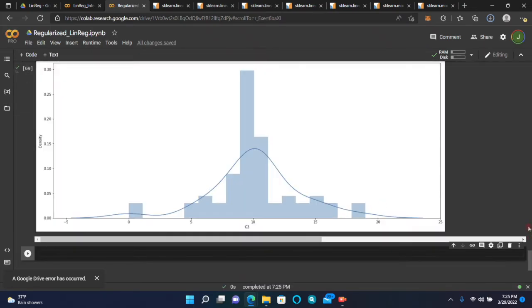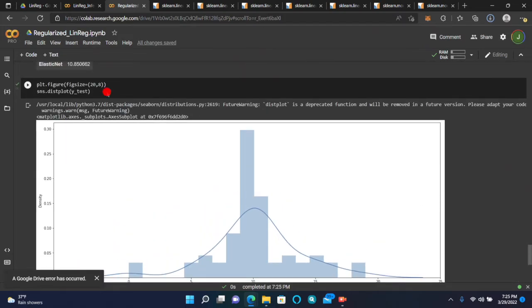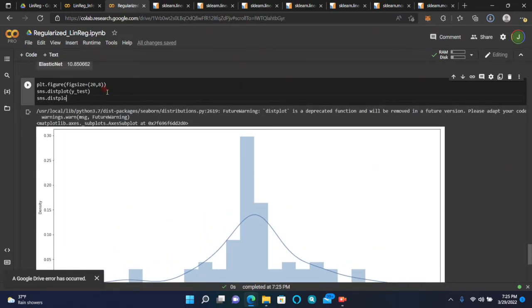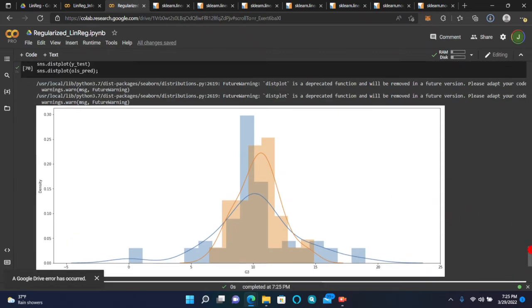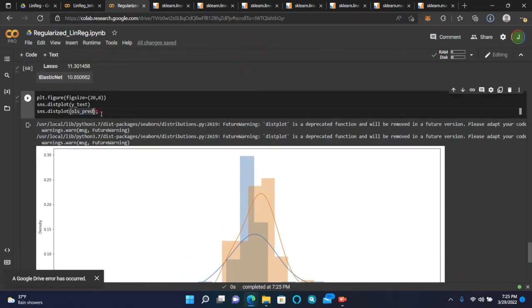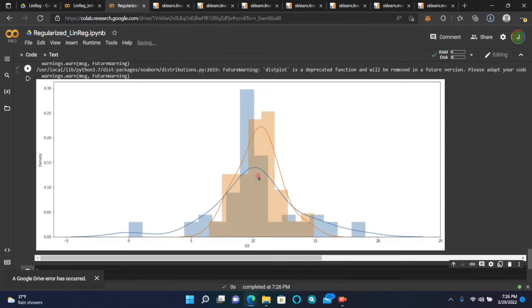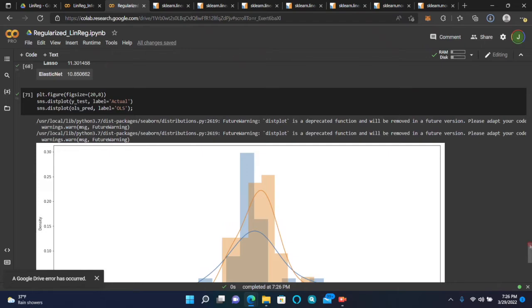Let's have a look at that. Should look nice. Alright, so far so good. Very nice. Now let's add to it this plot of OLS pred. Make sure that this looks good before we keep going here, and it does. We're going to need a label or something. This way. Alright, let's go ahead and add the rest of those.